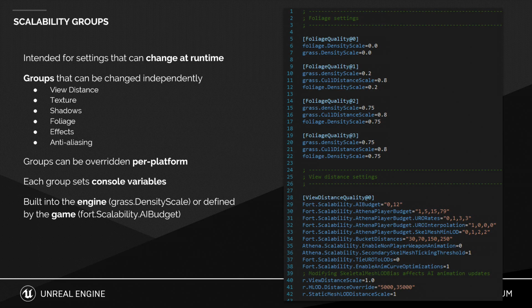So all of those settings like fort.scalability, depending on the view distance, so on a device without very much power, where the view distance needs to be as small as possible, all of these different parameters are controlling things like when we are animating the weapon on the enemy character, for example. 그래서 이제 저사양 디바이스에서 뷰 디스턴스가 굉장히 낮을 경우, 적에 있는 무기의 애니메이션을 재생을 할지 말지 이런 것들은 게임에 관련된 세팅이죠. 이런 것들을 설정을 할 수가 있게 되는 거죠.